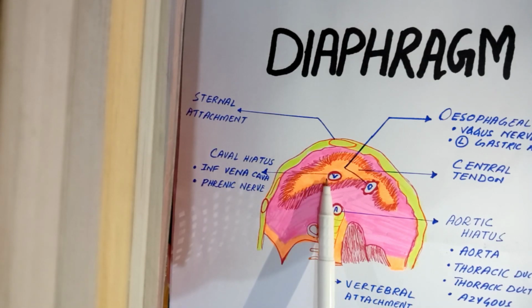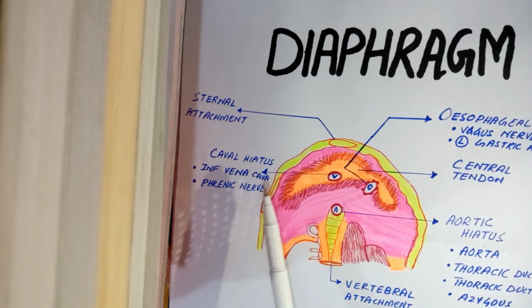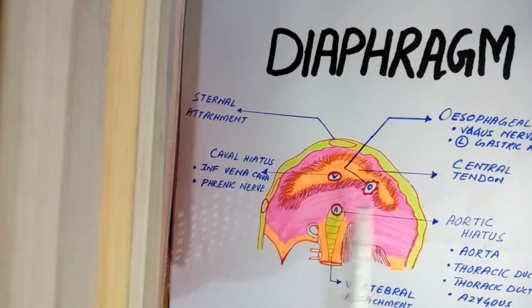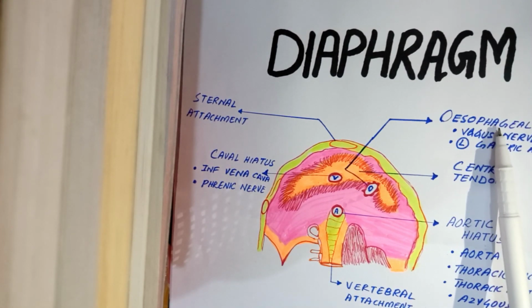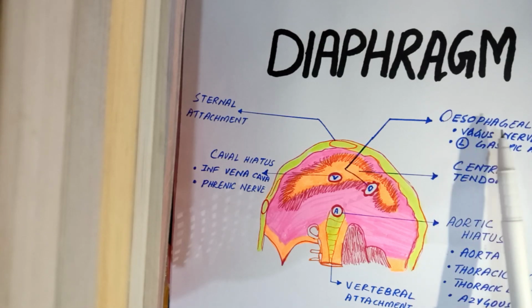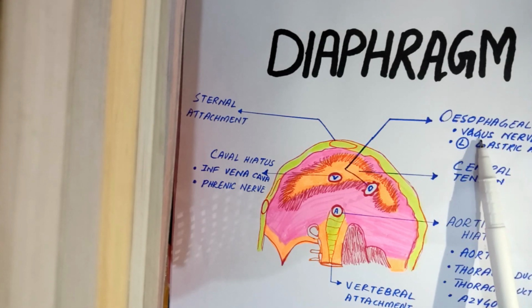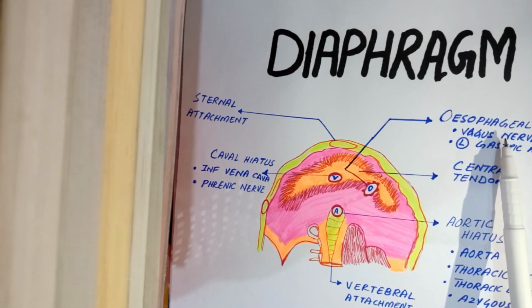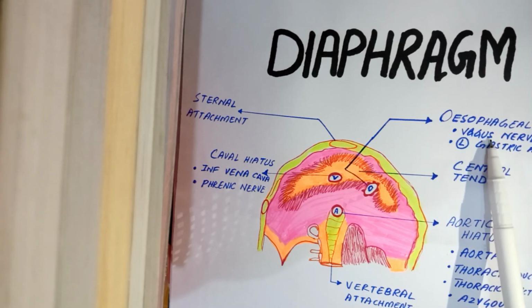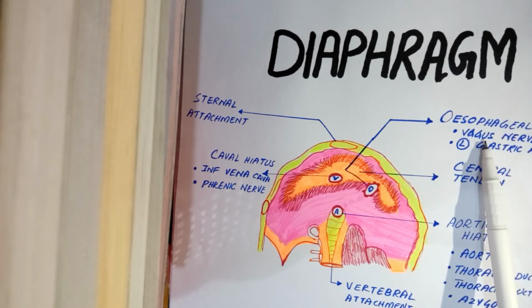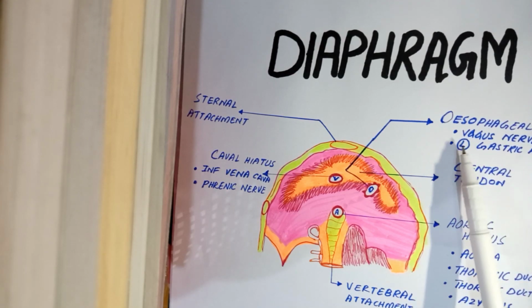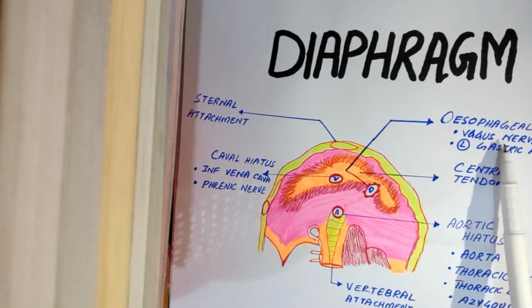At the level of T8, inferior vena cava along with phrenic nerve passes. Then, O stands for esophageal hiatus, from which the esophagus passes along with the vagus nerve; you can remember it with T10. Esophagus along with vagus nerve and left gastric artery, which is a branch of celiac trunk.